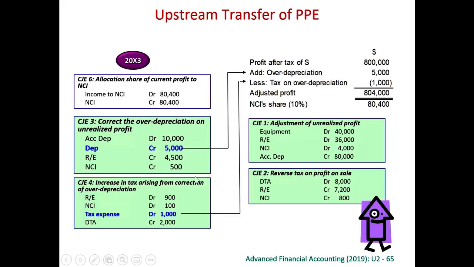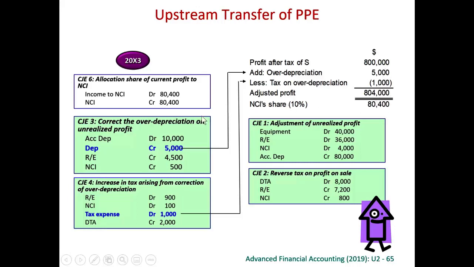During the current year, we have made 4 adjustments. Journal number 1 and journal number 2 have no impact on the current year profit. Journal number 3, we credited depreciation. Therefore, the profits should go up. Crediting depreciation means profits should go up with a related debit to the tax expense. So the net adjustment is 4,000. Altogether, the profit should go up by 4,000 and NCI shares 10%.